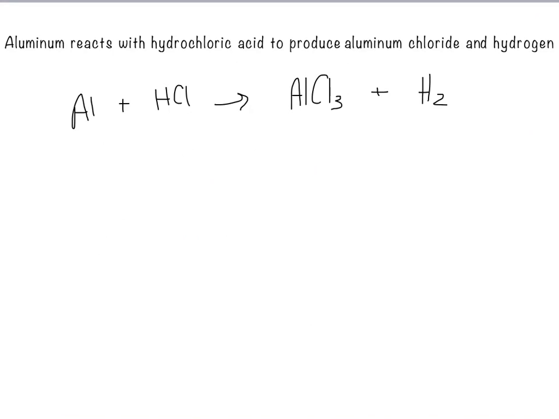It looks like a common factor is going to be 6 for the chlorines. So I've got to put a 6 there, put a 2 in front of that. That's going to give me 6 chlorines on both sides. To fix the number of hydrogen, if I place a 3 here, and 2 aluminums, that should be a balanced formula for this reaction.